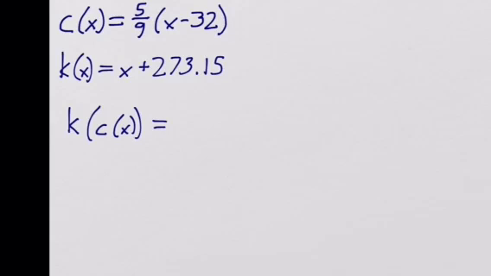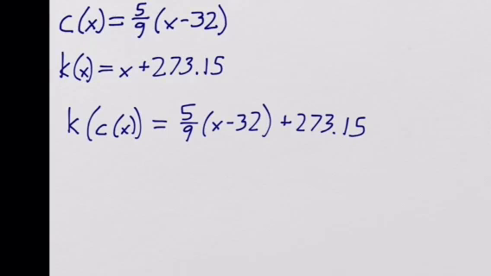All I need to do is take that definition of c of x and plug it in for x on k. So we have 5/9 (x minus 32) plus 273.15.